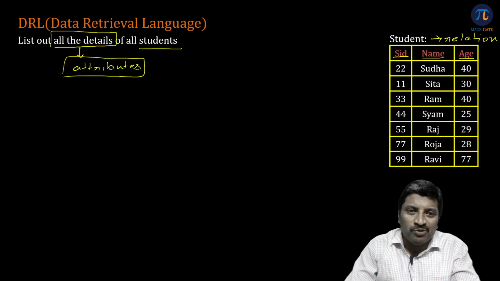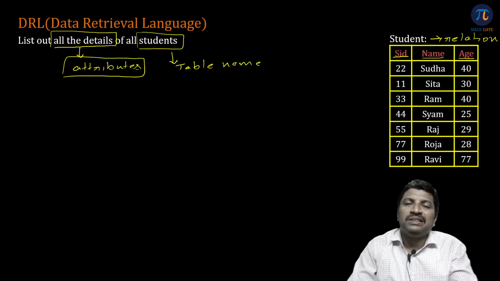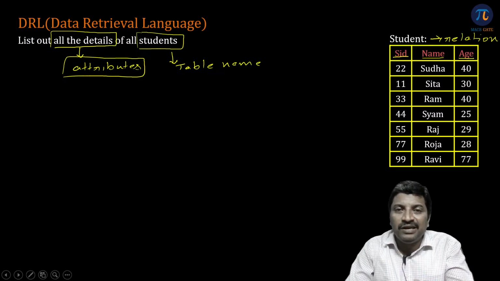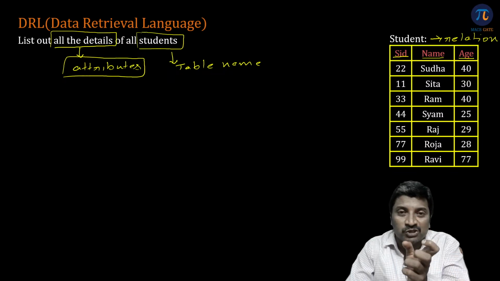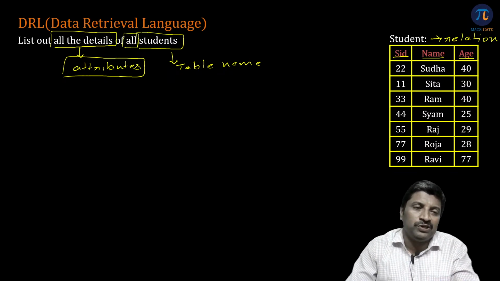Then what is the table name? They are asking about students, right? The next one is, do they need the details of any particular students? No, sir. They need the details of all the students.